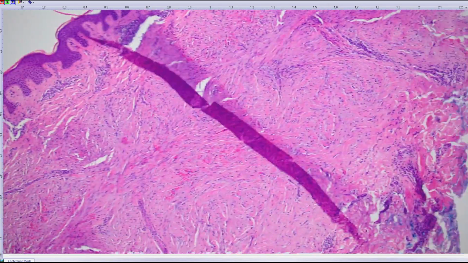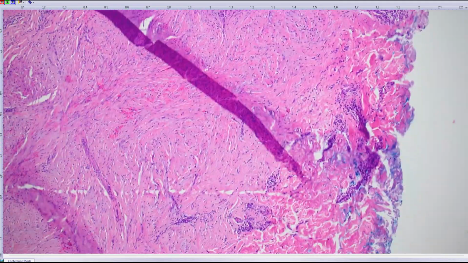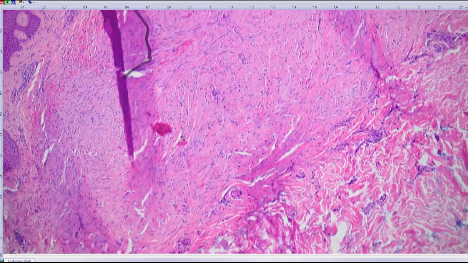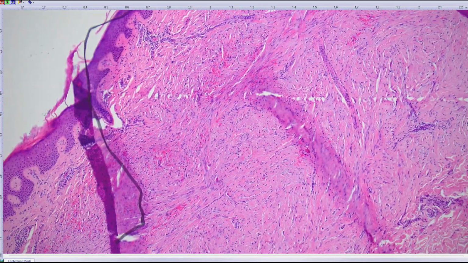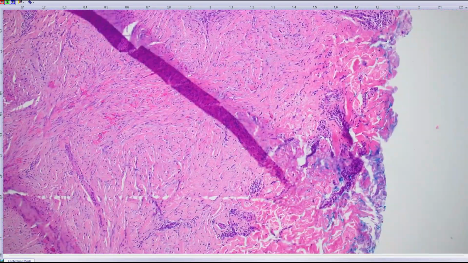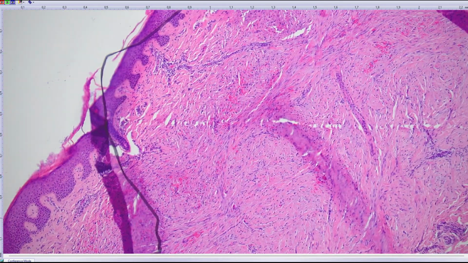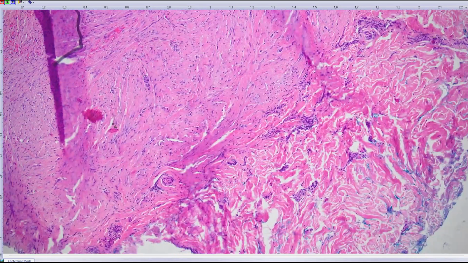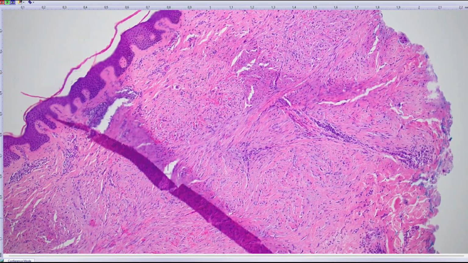That looked like a plaque, like a scar, but this is an entity described in Friedrichshafen in the 90s, and it's called dermatomyofibroma. After it was described, originally they called it plaque-like fibromatosis at the time.